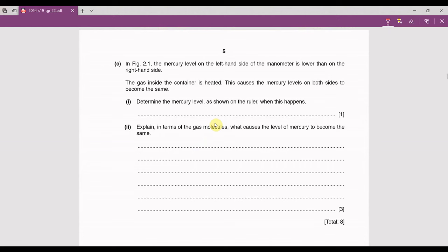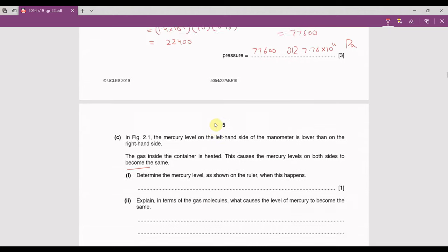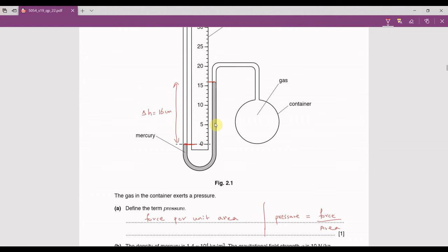This causes mercury levels on both sides to be the same now. So determine the level of mercury as shown on the ruler when this happens. So they're saying that you heat this one, you apply heat to it, and because now the gas is going to apply more pressure, this pressure will become the same as the atmospheric pressure. So where would the mercury go to?